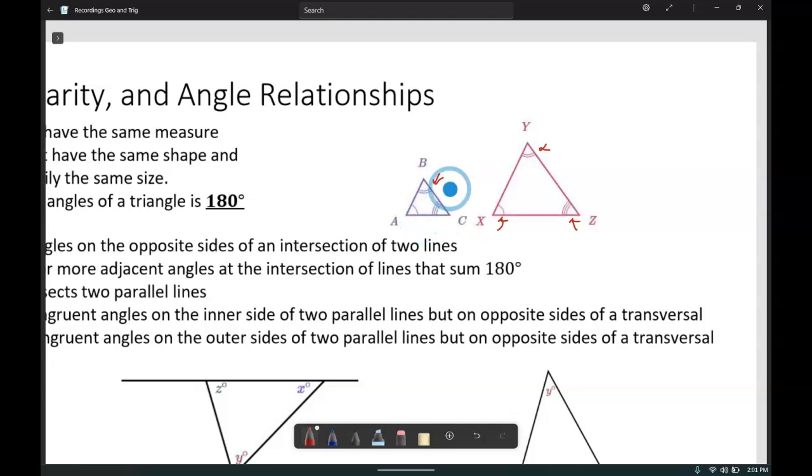And this leads into a fact that we have about triangles. If I have two triangles with congruent angles, then they're what we call similar triangles. I can scale up or scale down the size of a triangle, and as long as I scale all the sides proportionally, the measure of the angles do not change.